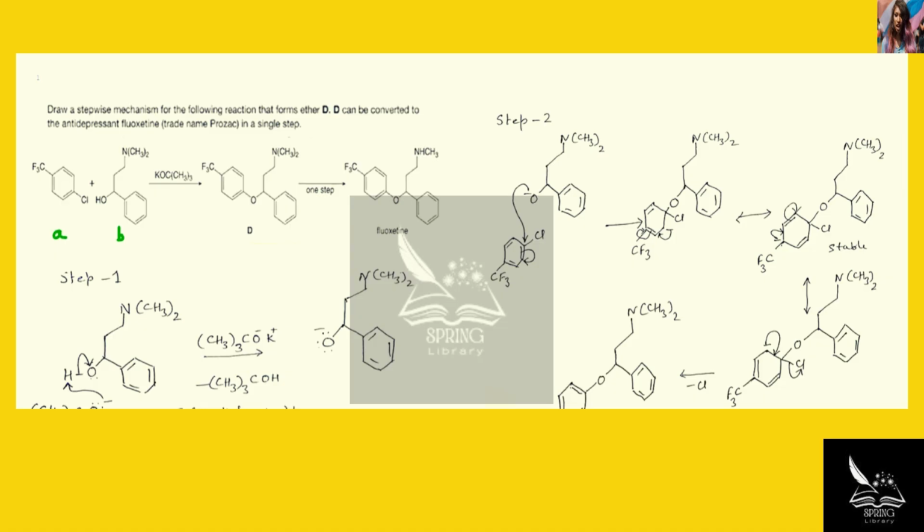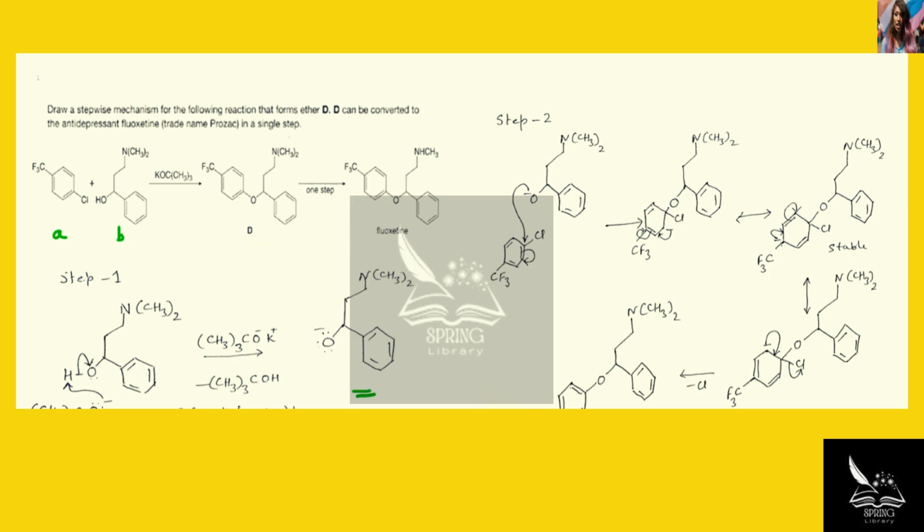And this anion is going to attack and remove the proton from here, forming the negative charge at this oxygen atom, and we are getting the first compound, this one, reacting with this potassium tertiary butoxide.